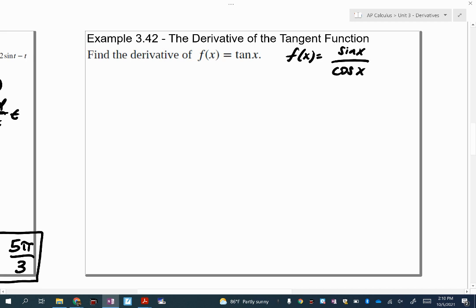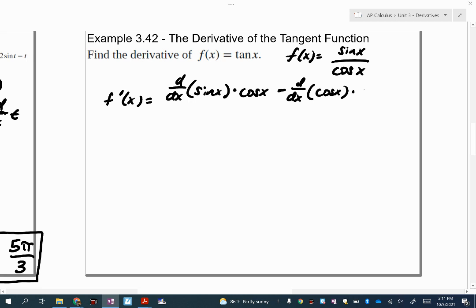Now, when I do that, you'll notice that we have division, and when I have division, I'm going to use the quotient rule. So f prime of x equals d dx of the numerator, which is sine x, times the denominator, cosine x, minus d dx of the denominator, that's cosine x, times the numerator, sine of x, all over cosine x squared.